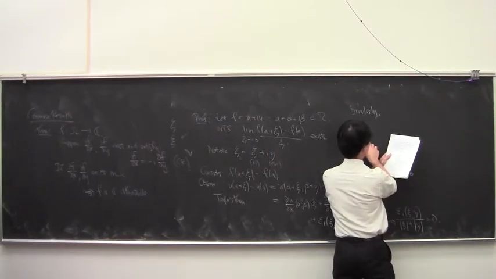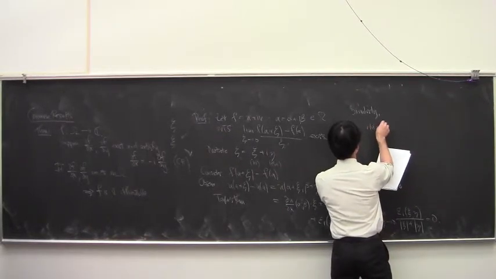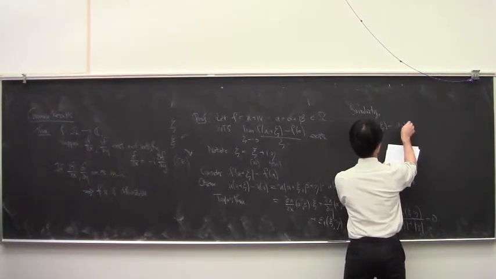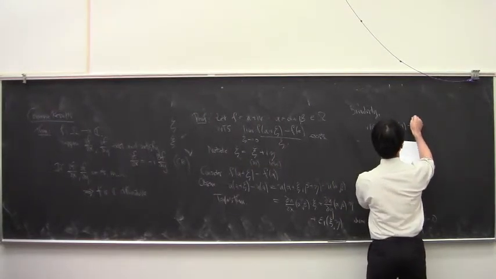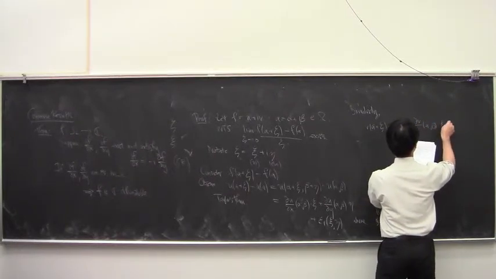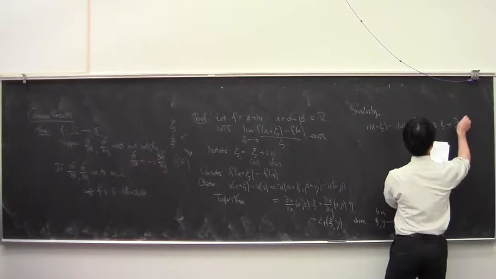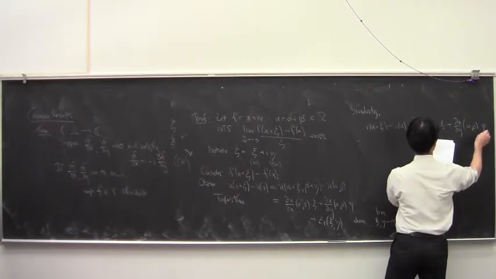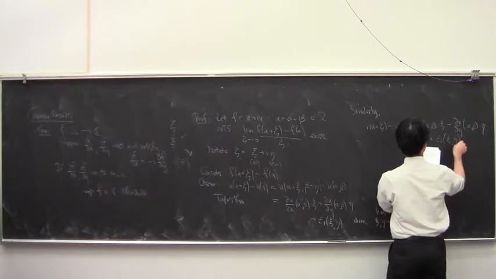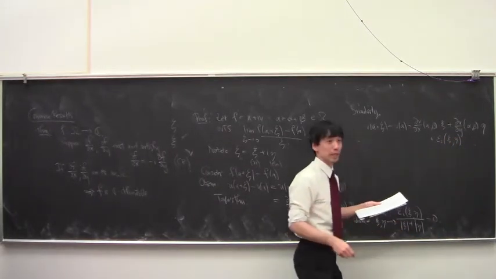Okay, so similarly, v of a plus zeta minus v of a, we can express in the same sort of way: dv/dx at alpha beta times xi plus dv/dy at alpha beta times eta, plus some other error with the same sort of decay.